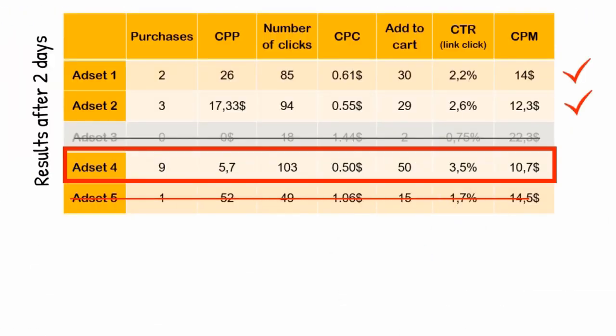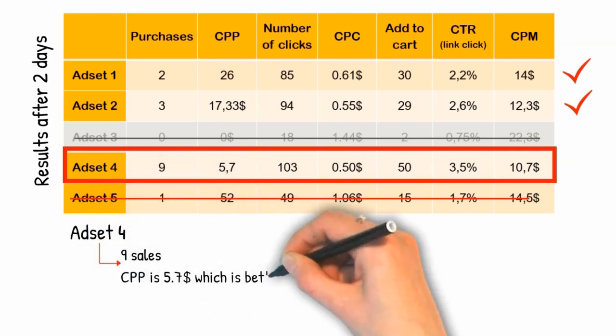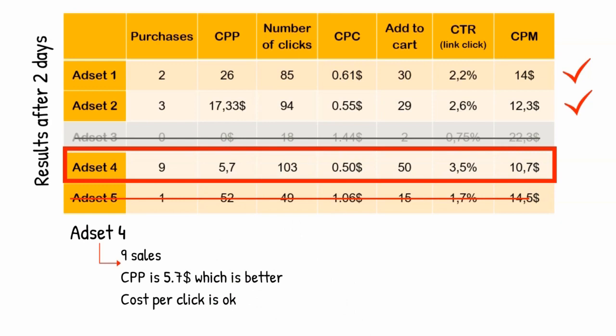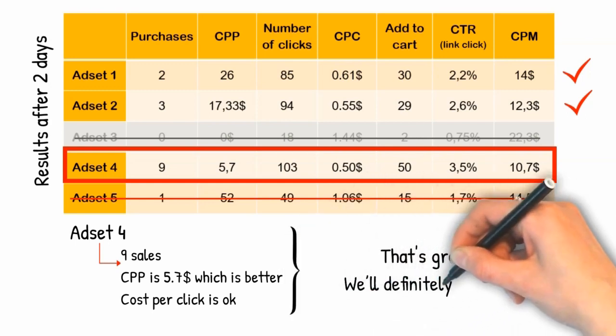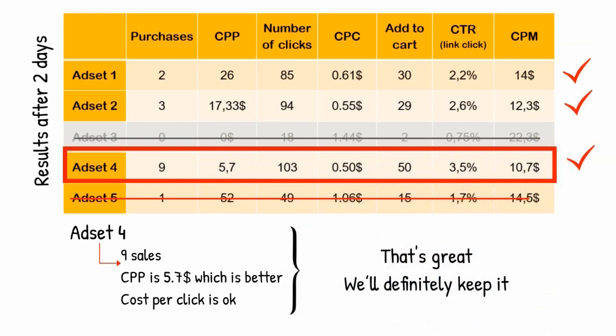Let's analyze ad set 4 now. So we have made 9 sales until now. The CPP is $5.7, which is better than before. The cost per click is okay. So the results of this ad set are great. We'll definitely keep it.